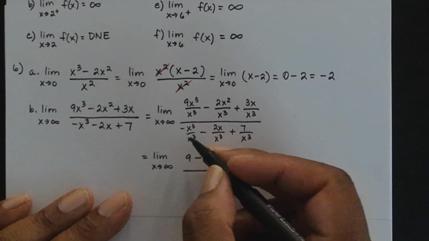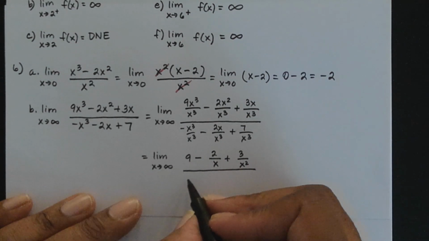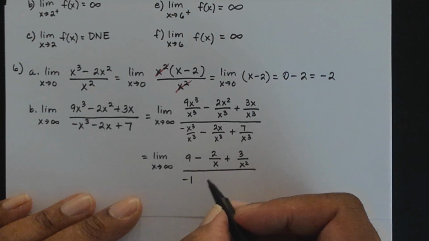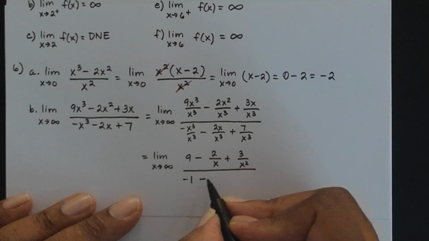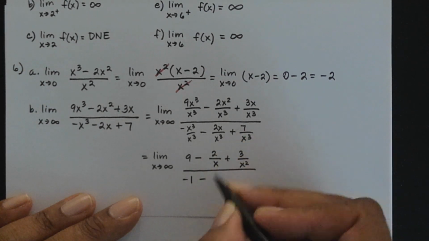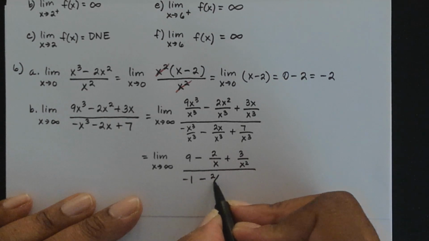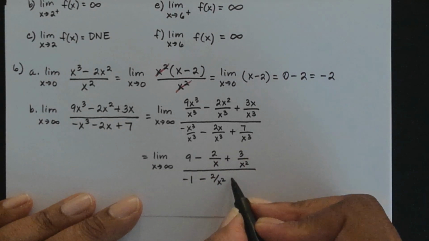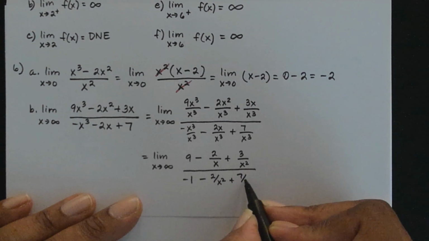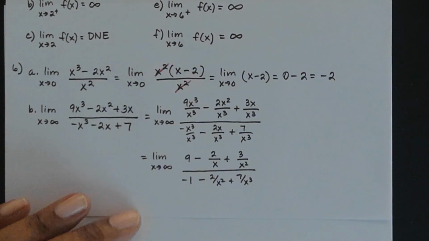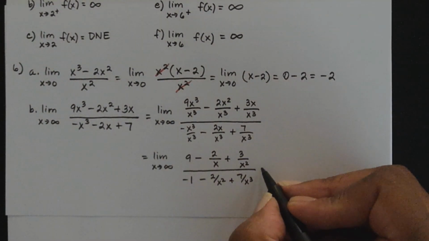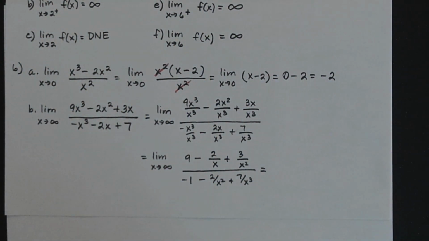Then that's divided by negative x cubed divided by x cubed, that's negative 1. And then minus, one of the x's will divide out with the x cubed. I have a 2 in the numerator, but an x squared in the denominator. And I have nothing to divide out with that 7 over x cubed. Okay, now let's go ahead and take the limit.